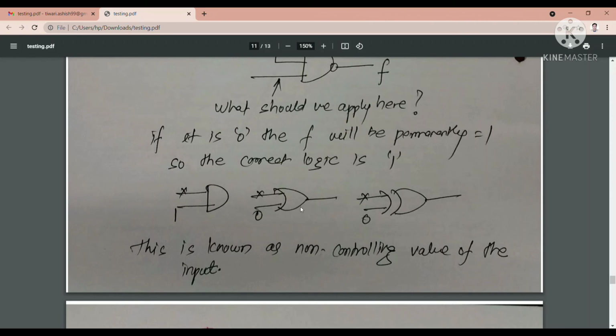It is 0. Now come to the AND gate. If any of the inputs of the AND gate is 0, you will always get the output as 0. So the AND gate is sensitive to 0. So can it be the non-controlling value? Never, because if you apply 0 here, you will always get the output as 0. So what is the non-controlling value in case of the AND gate? It has to be 1. So this is how we can understand the concept of non-controlling value.